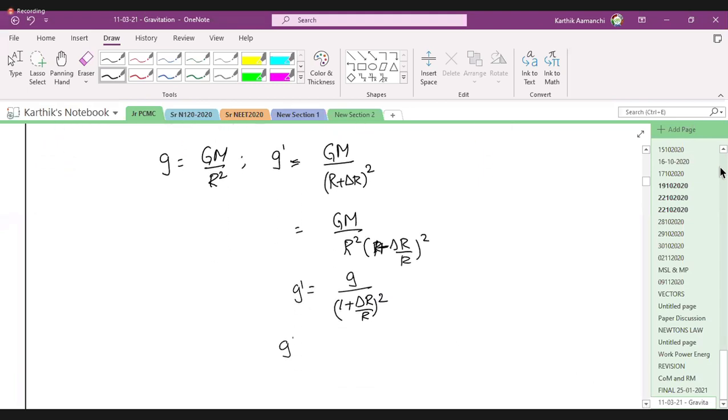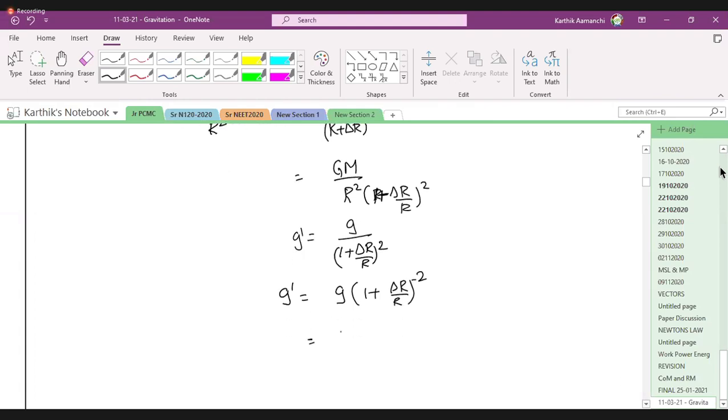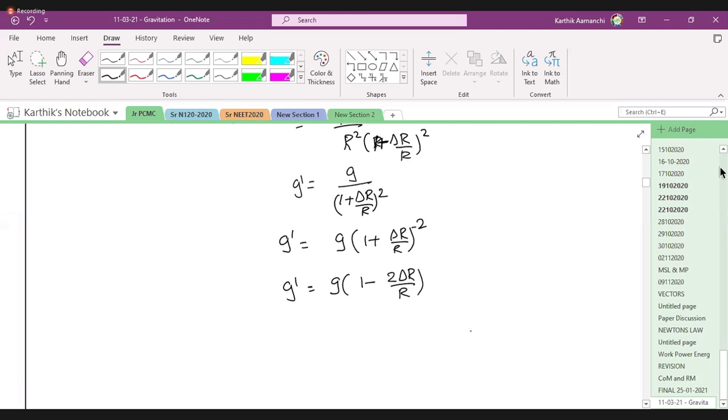So G dash is equal to G into 1 plus delta R by R the whole power minus 2. Binomial expansion, removing your higher order terms: 1 minus 2 delta R divided by R. This is your G dash. He is asking your percentage change, no?